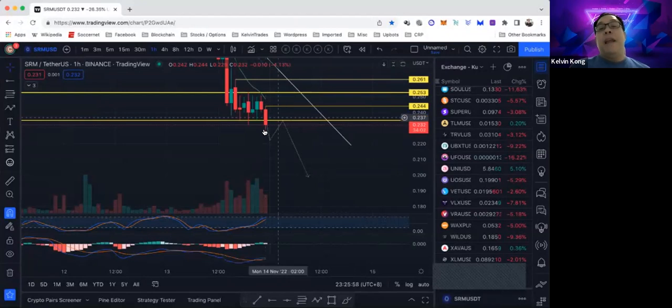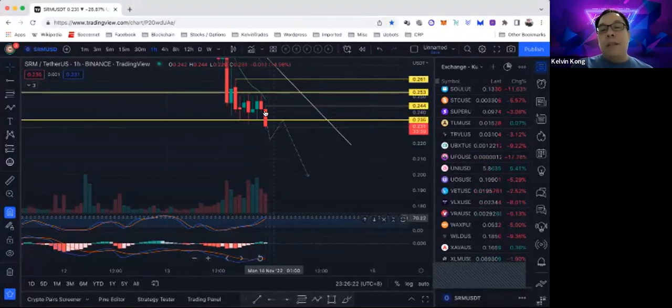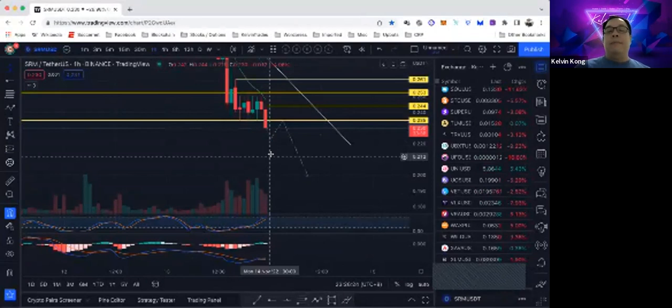Actually, this is a very rare case. When something breaks down, normally the stochastic is at the bottom, because when prices come down, the stochastic normally comes down too. So this is a rare case where there's a breakdown and the stochastic is up. If the stochastic plays out, goes up and curves down, this thing will just zoom down.